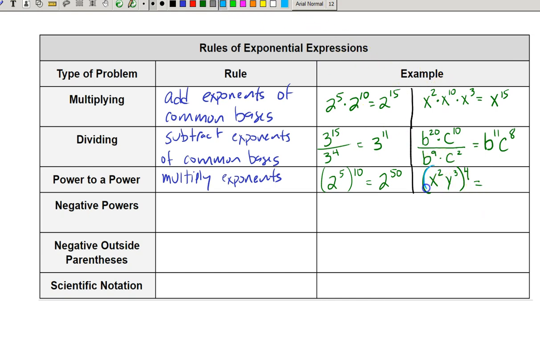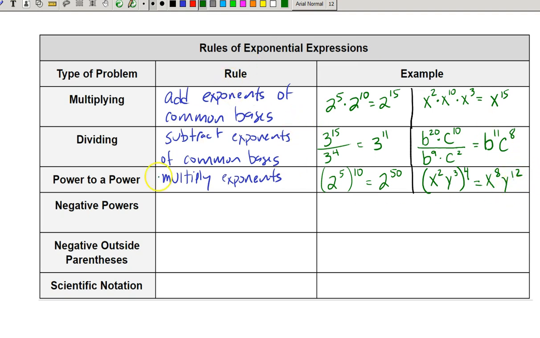I have x squared raised to the 4th, and so I have this power raised to an exponent of 4, and I'm going to have to multiply those numbers. So I'll get x to the 8th. Then there's another factor inside the parentheses, y cubed raised to the 4th. So we multiply there as well and get y to the 12th.